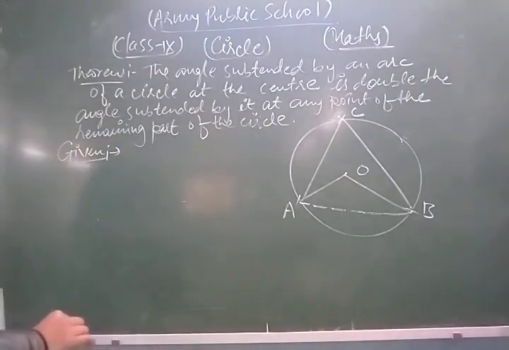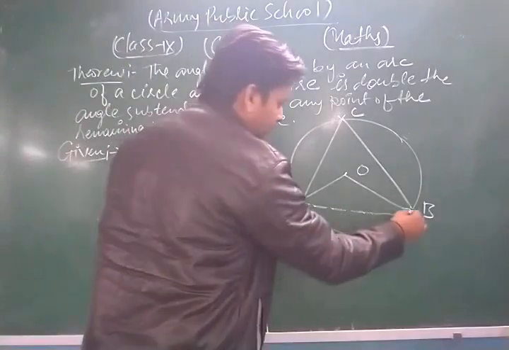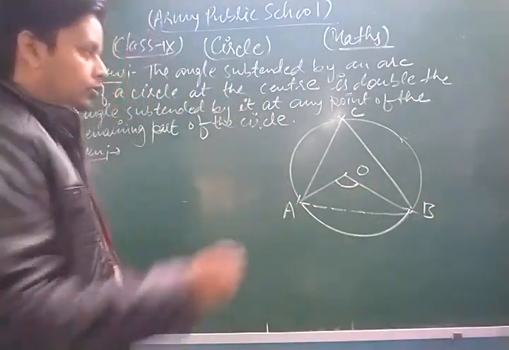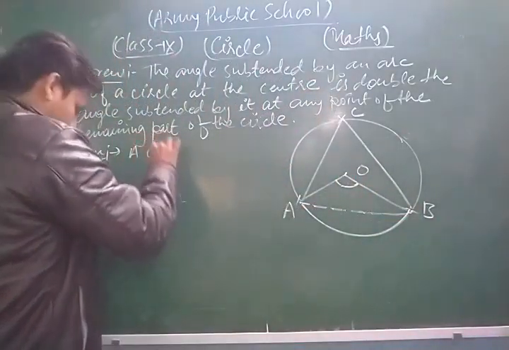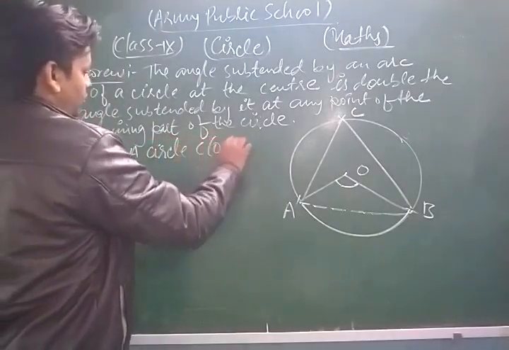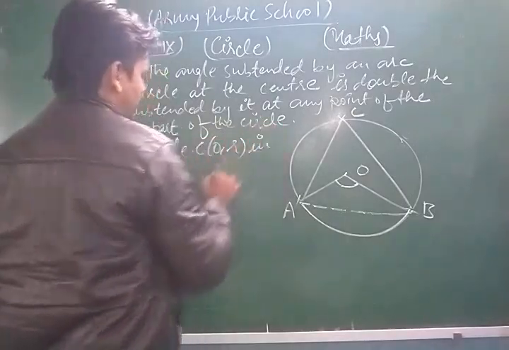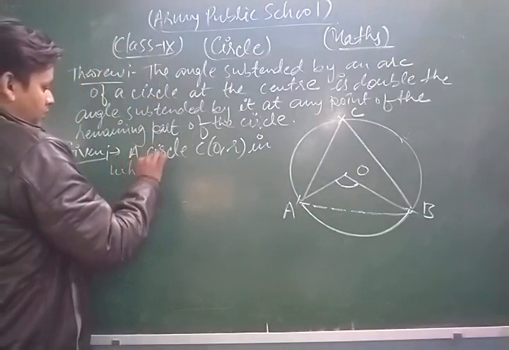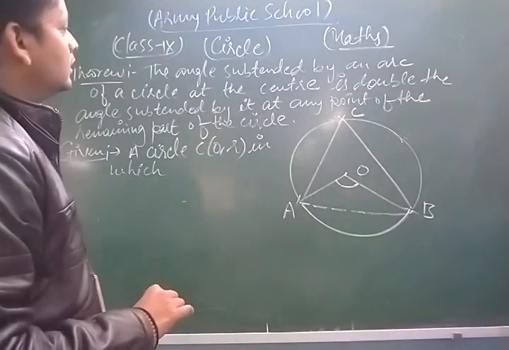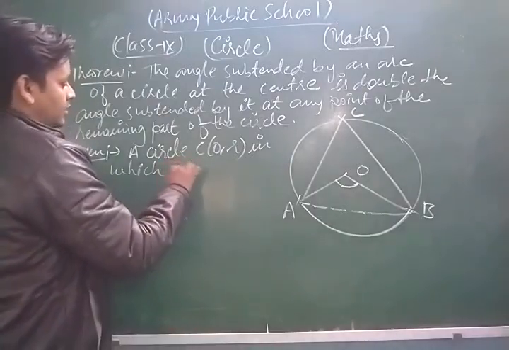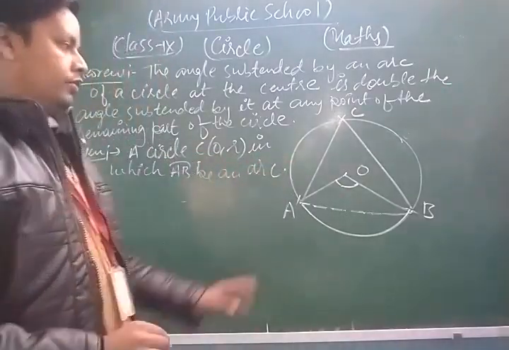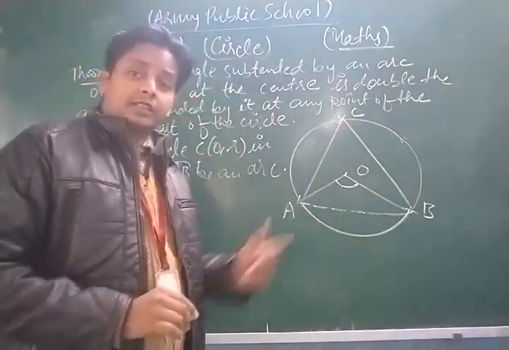Given: a circle C with center O and radius R, in which AB is an arc of the circle, and the angle subtended by that arc at the center is angle AOB.